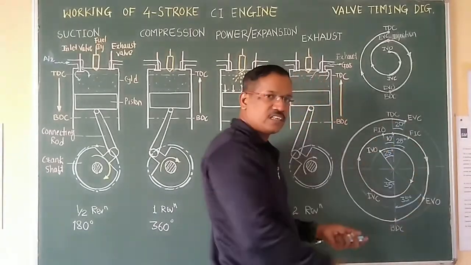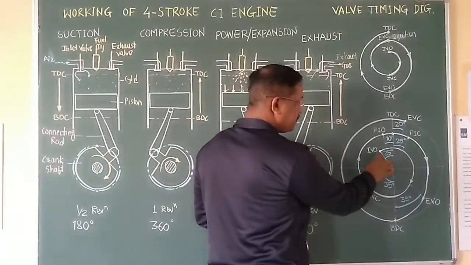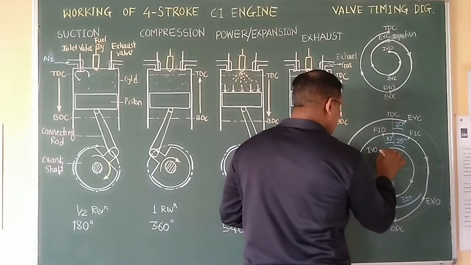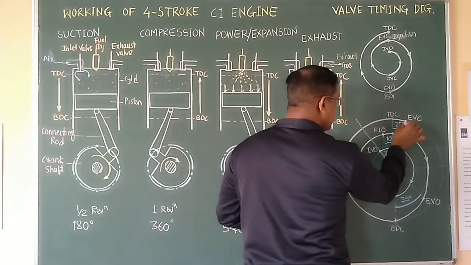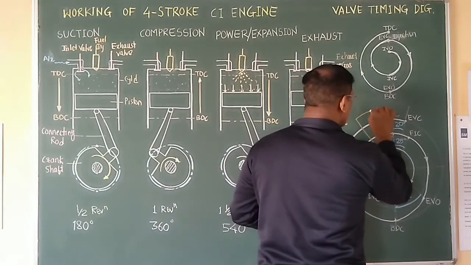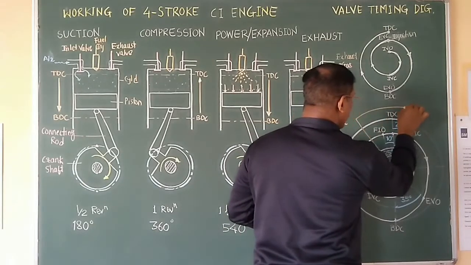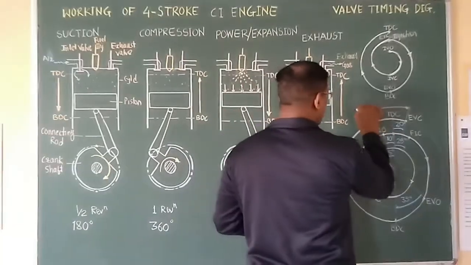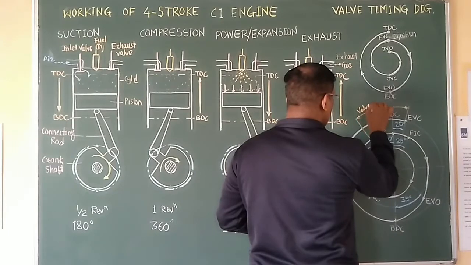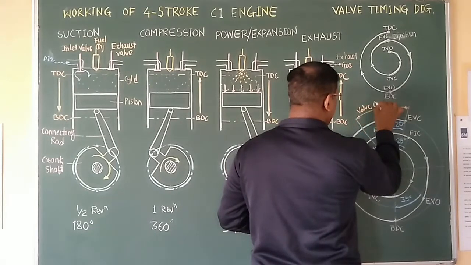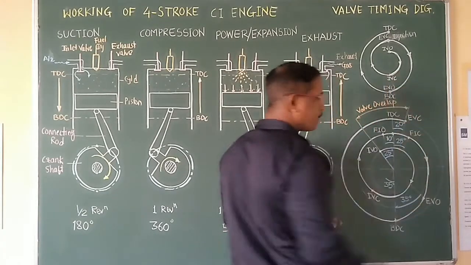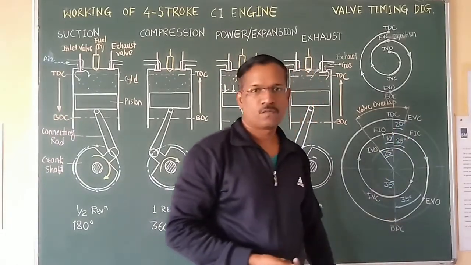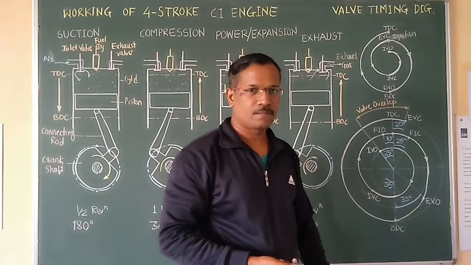But in the second cycle, the inlet valve will open 25 degree before TDC. So we get a common degree interval where both inlet and exhaust valves are open simultaneously at the same time, and this is called valve overlap. And in this case, valve overlap is 25 plus 20, so 45 degree overlap is there.